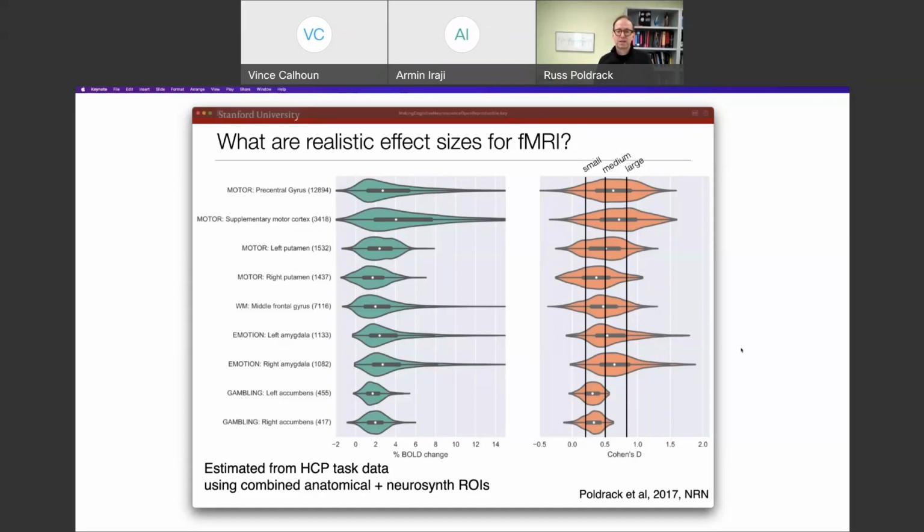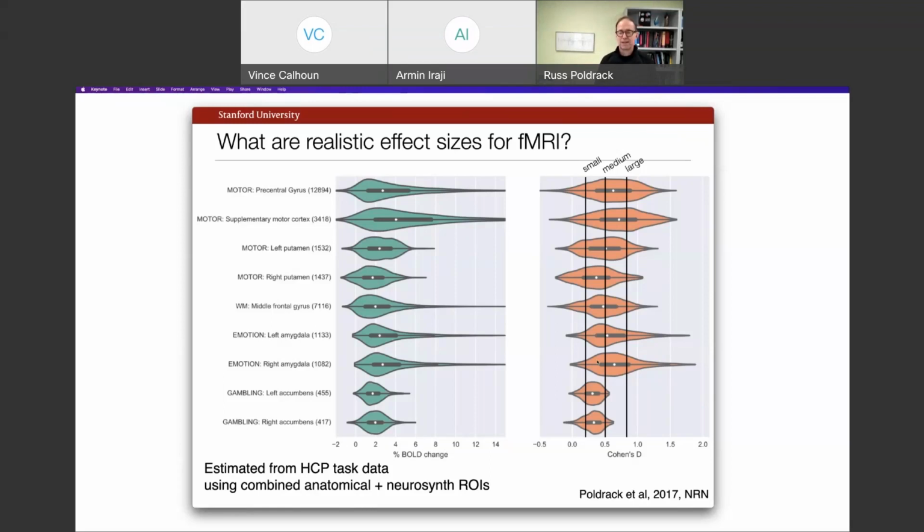So what is this telling us? This is telling us that the median study of all the studies published in 2019 that are in that database was powered only to find the most whopping fMRI effects that you can ever hope to find, right? For anything interesting, those are going to be probably an order of magnitude smaller.